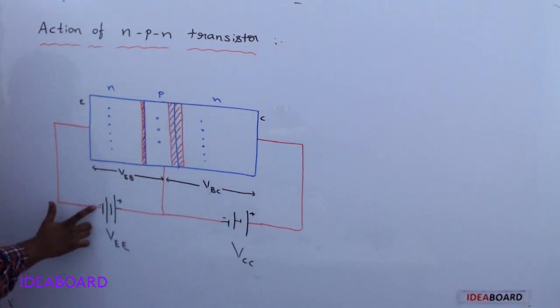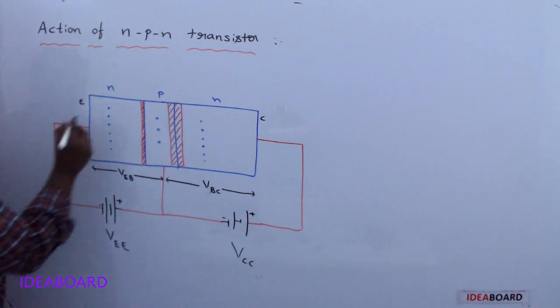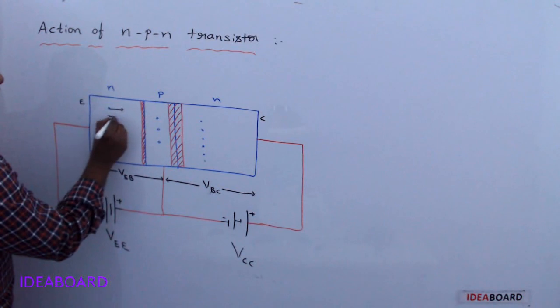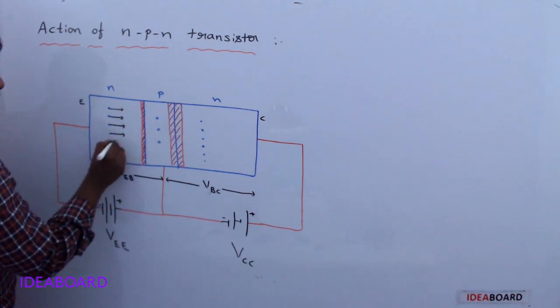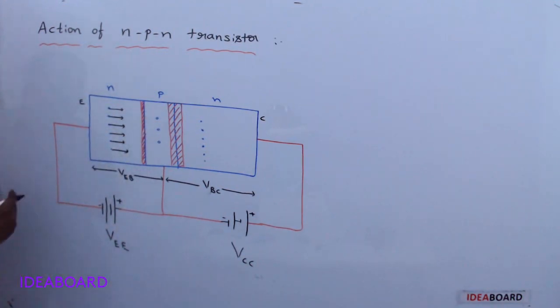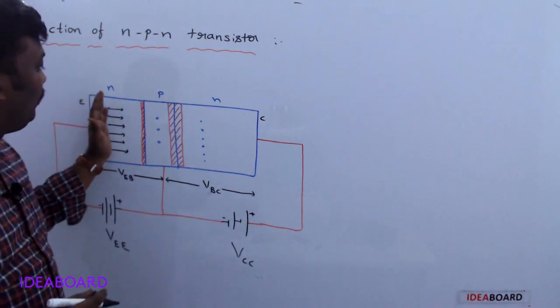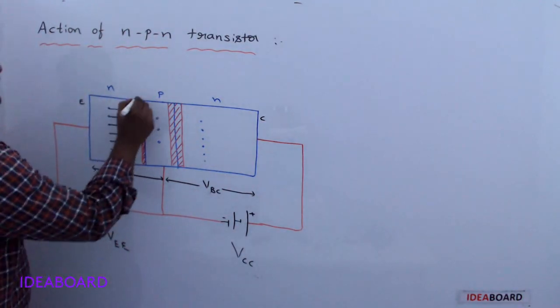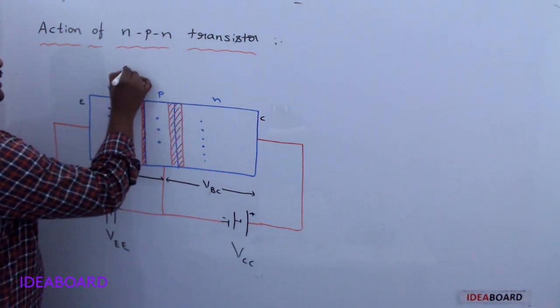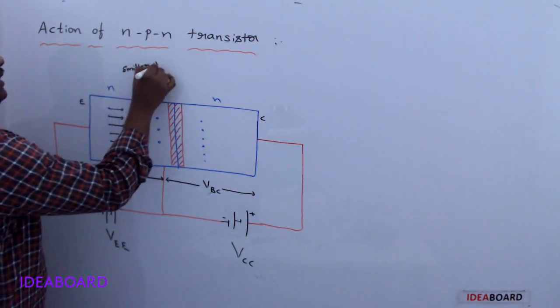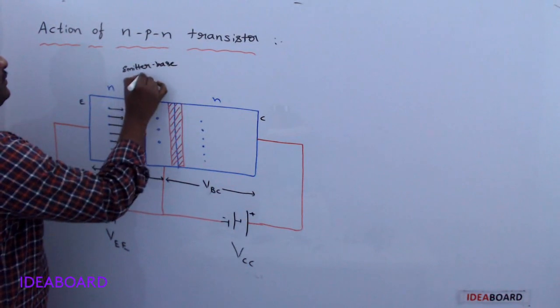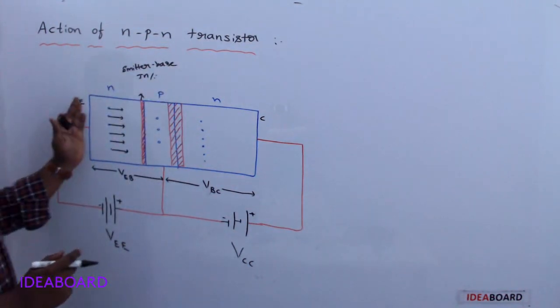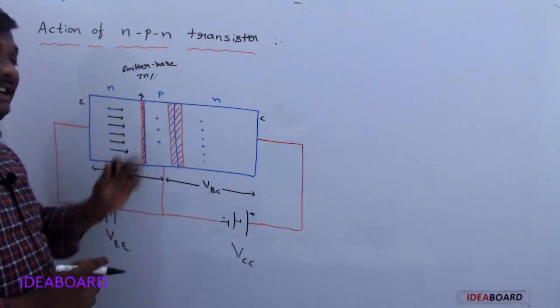The negative polarity of the battery repels the electrons. That's why electrons move towards the junction. This junction is named the emitter-base junction.